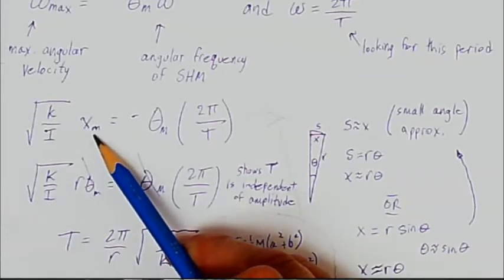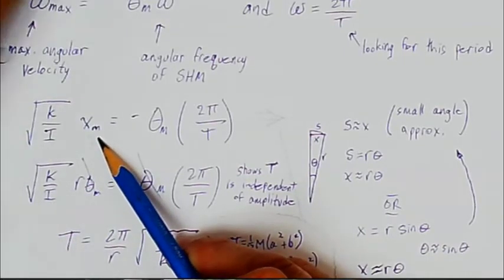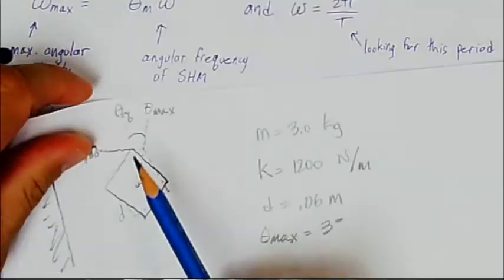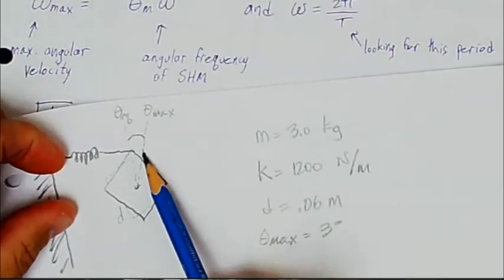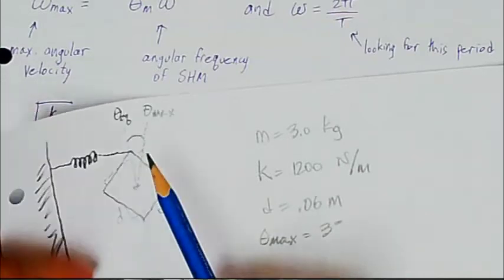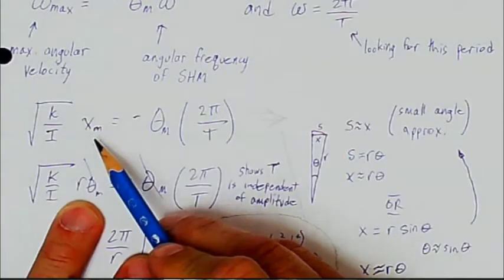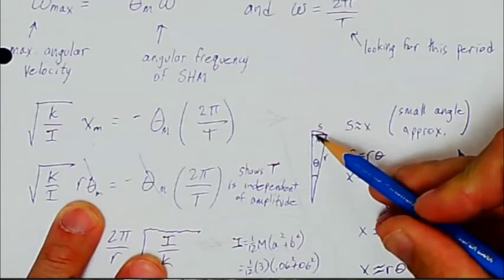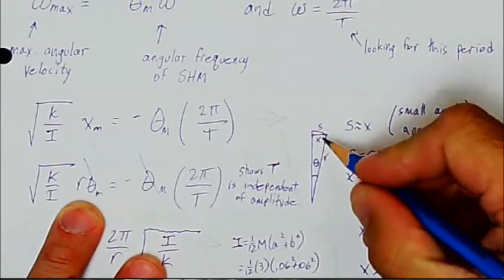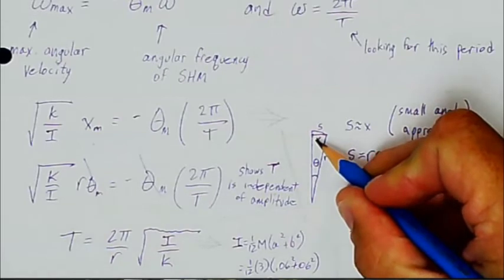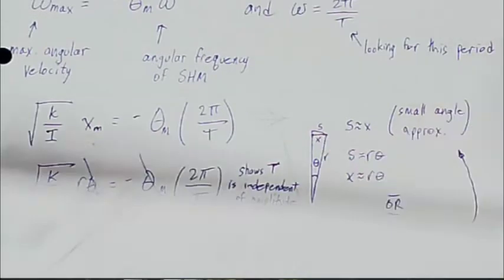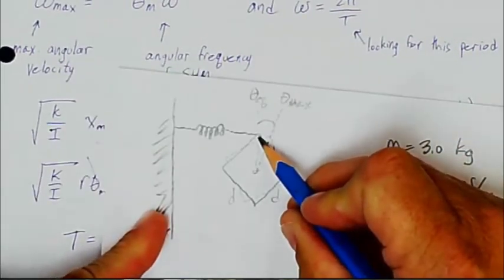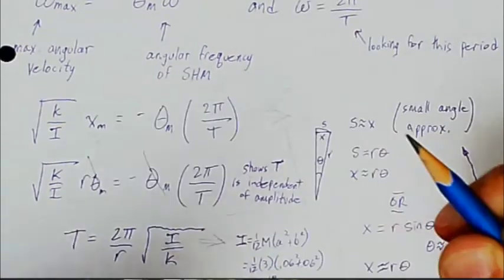Now, how do I figure out what that displacement is? Remember, that's that small distance right there that the spring is stretching. So how do I find that? Well, when I look here, this is a zoomed in view of the cube, and these 2 points are where the top of the cube is here and there.